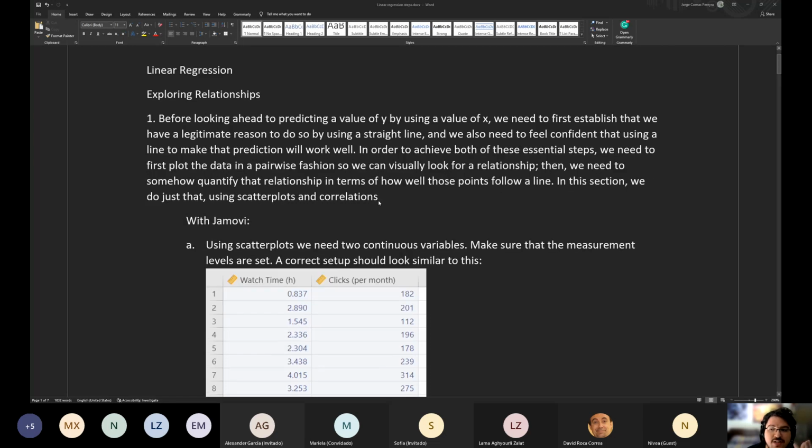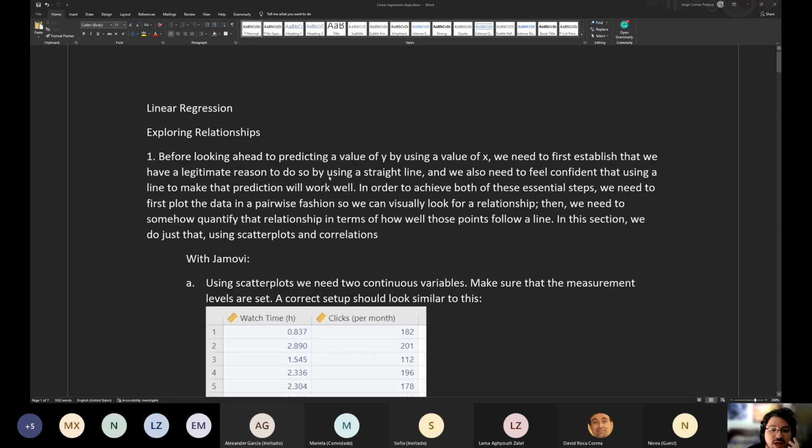And we also need to feel confident that using a line to make that prediction will work well. In order to achieve these essential steps, we will first plot the data in pairwise fashion, okay, one-to-one. Even if we have 2, 3, 4, or any amount of predictors, if they are quantitative and continuous, we will plot all of them against the dependent variable in a pairwise fashion.